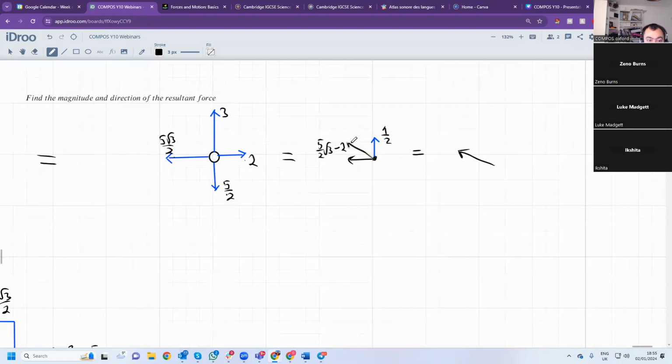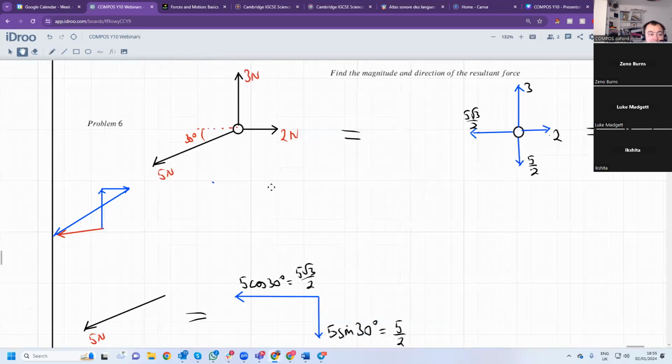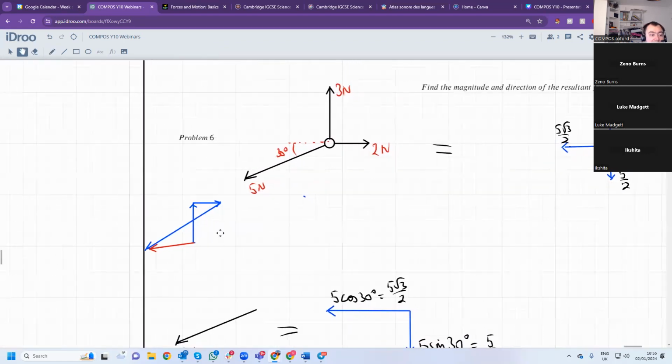It's the total of the 2, like this. Oh, I messed up the length of the vectors, because this is nowhere near to 5. So 5 would be like this.